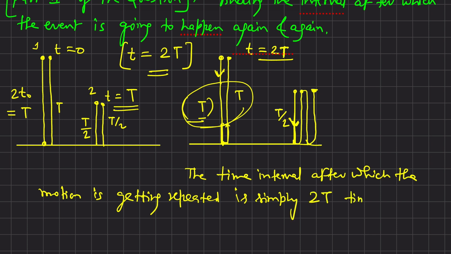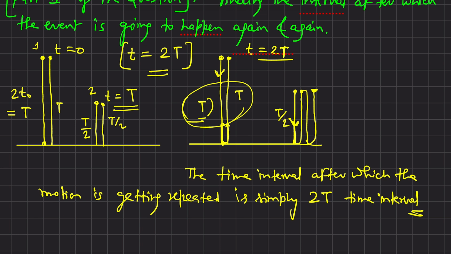After 2t time interval, it has the same velocity. Both will have the same velocity in the same direction, okay. So both have the same velocity and the same direction after the 2t interval.